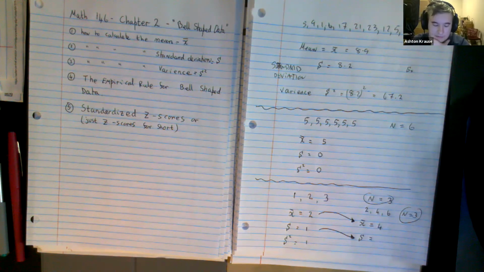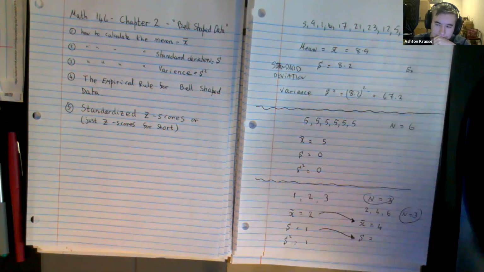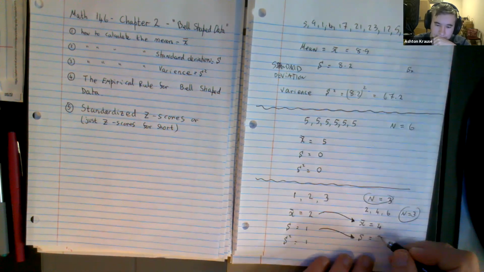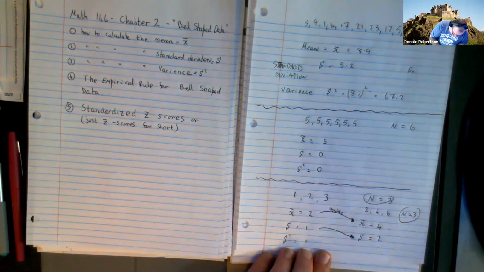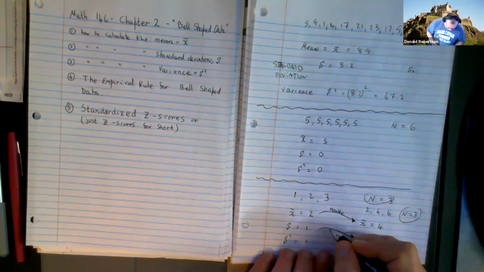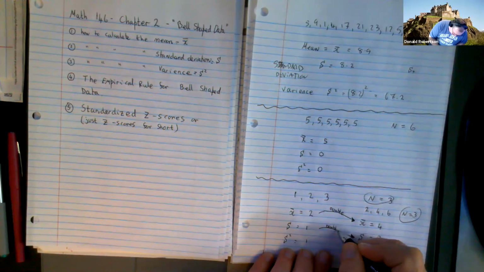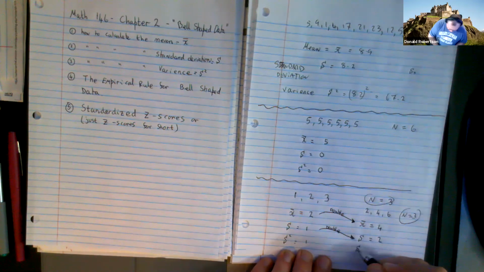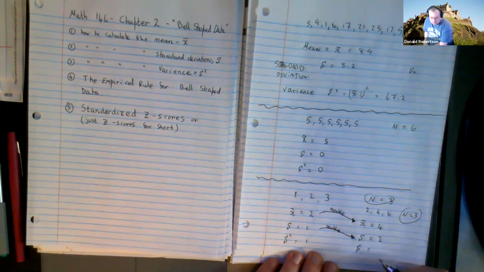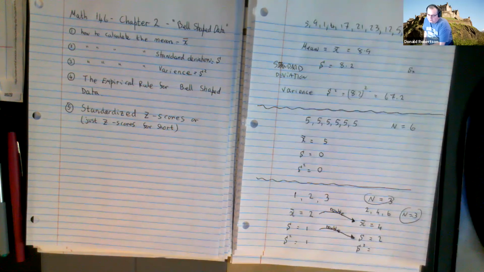The deviation is 2. So this doubles. This doubles. And uh-oh. What happens to the variance? Won't it be 4?